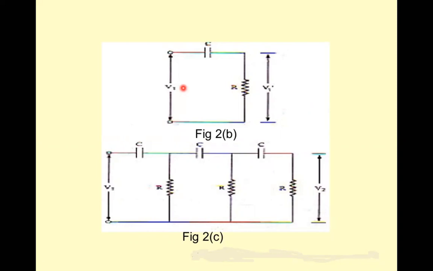So by adjusting the value of R, theta can be obtained as 60 degree. It depends on us, because we want the output to have a 60 degree phase difference between input and output. So what we do is change the value of R appropriately.